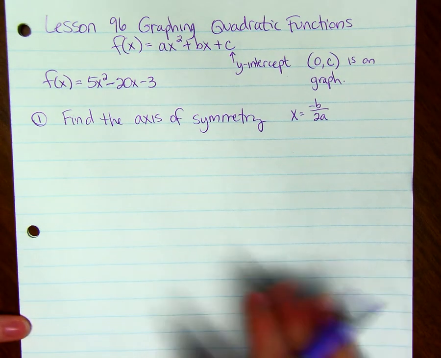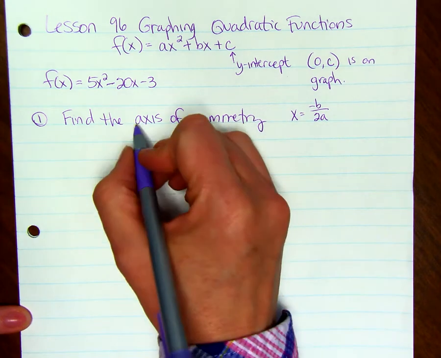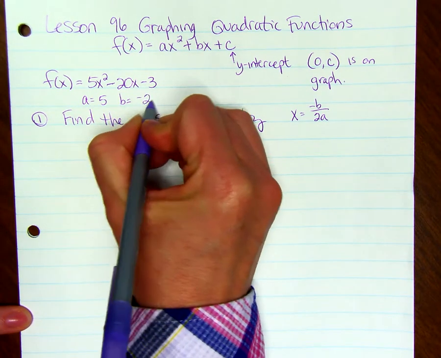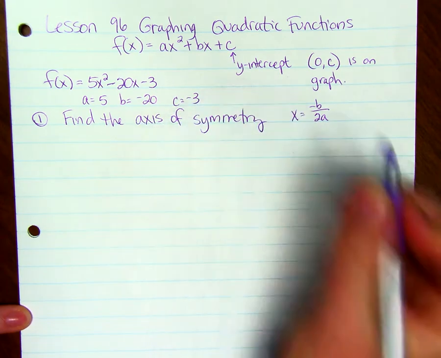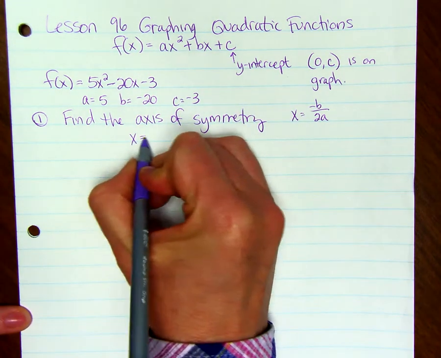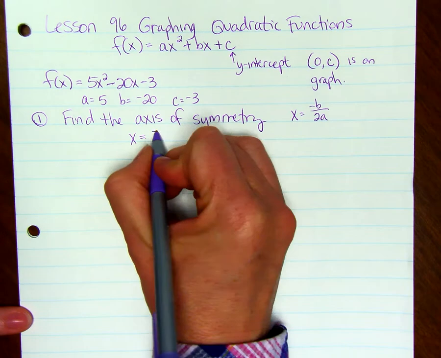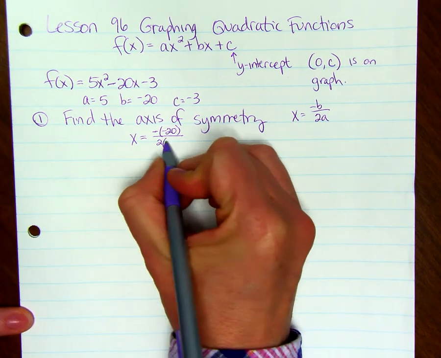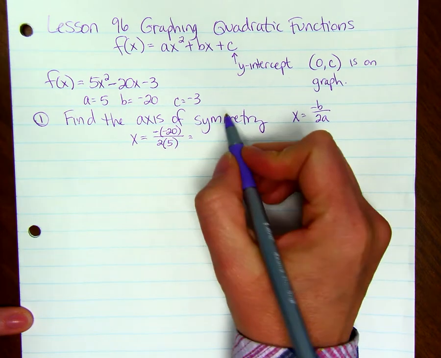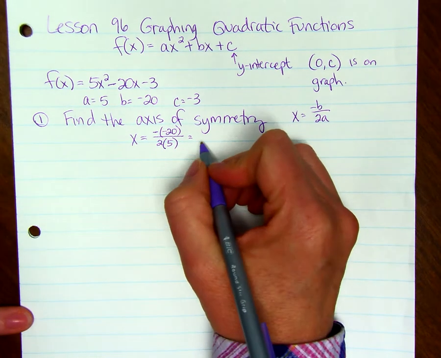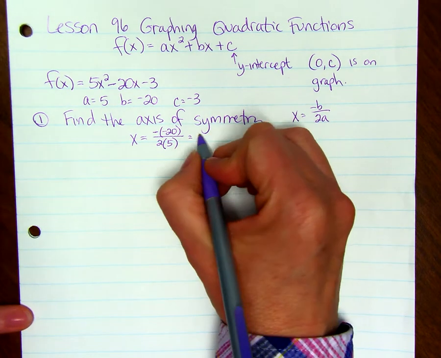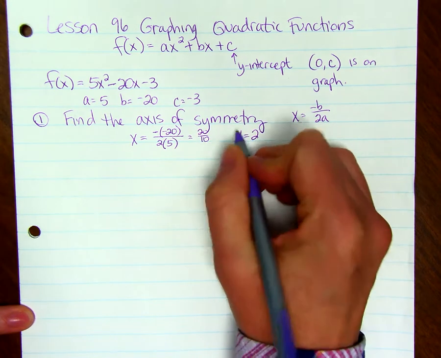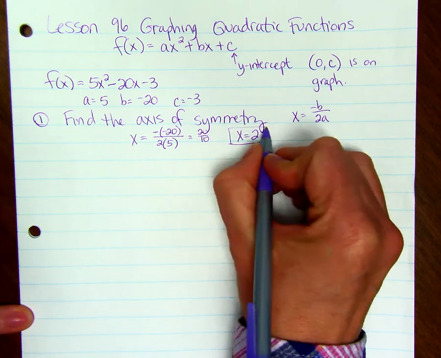In this case, a is 5, b is negative 20, and c is negative 3. So the axis of symmetry is x equals negative 20 divided by 2 times 5, so we have 20 divided by 10, or x equals 2. That is the axis of symmetry.